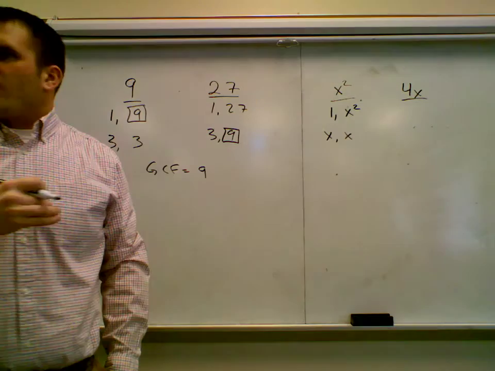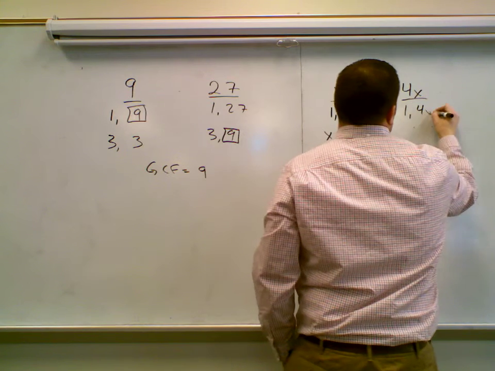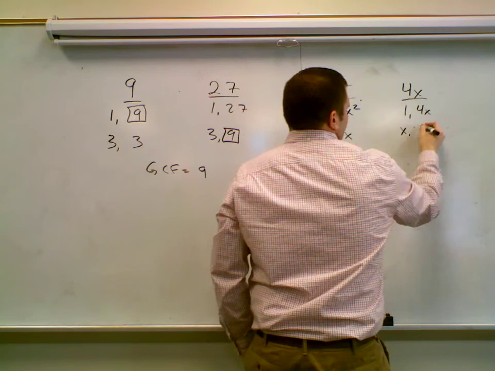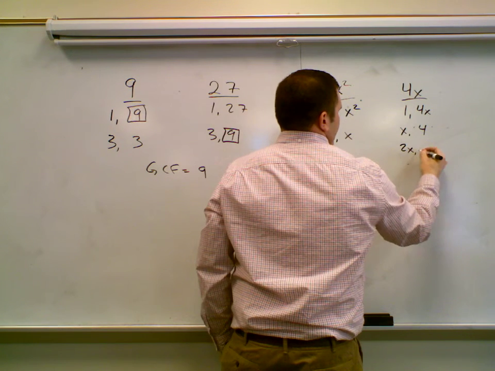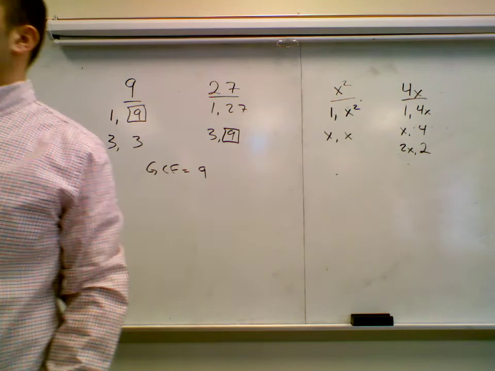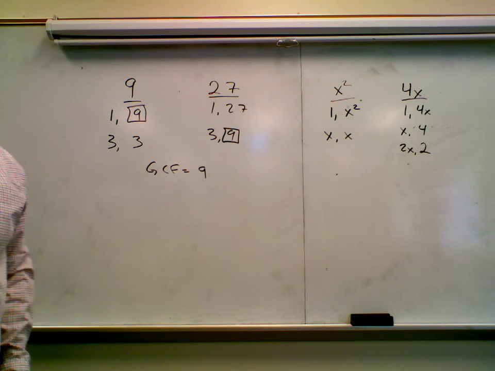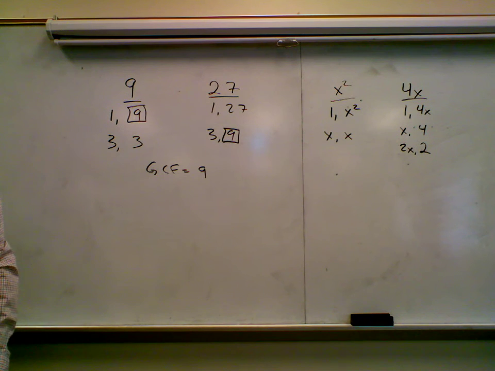What are the factors of 4x? 1 and 4x. x and 4, right? 2x and 2. If it's 2x and 2x, that's 4x squared, so it can't be 2x and 2x. Only one of the two is going to have an x. Are those all the factors of 4x?